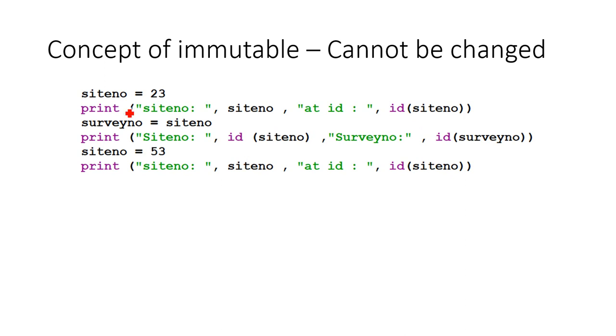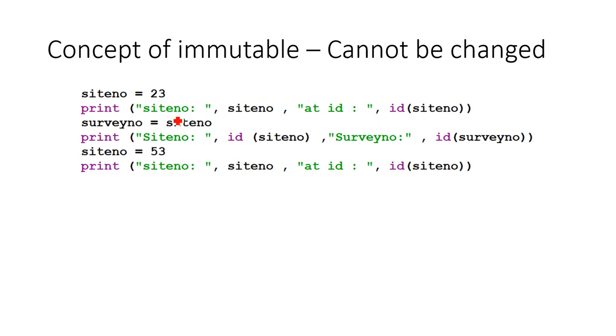The second statement is a print statement where we print the site number value followed by a string, then the ID, the address where it is stored in the computer memory, which we retrieve with the help of the ID function.